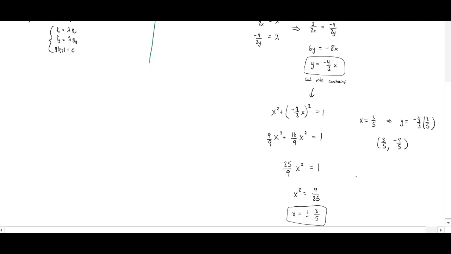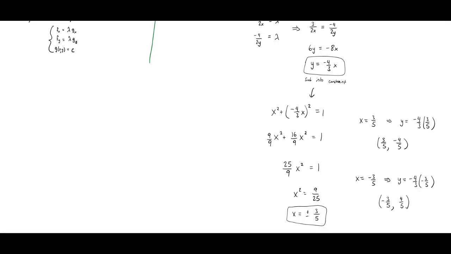And then when x is negative 3/5, I'll plug that into y, and ultimately we get the point x is negative 3/5 and y is positive 4/5. So these were our critical points, if you will.